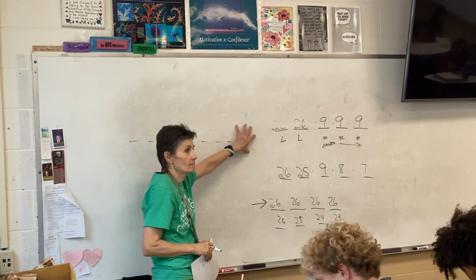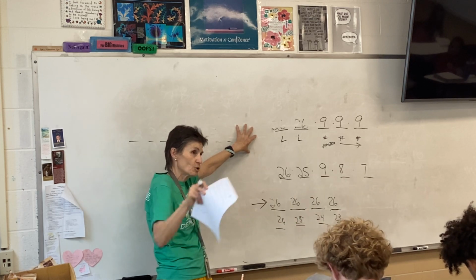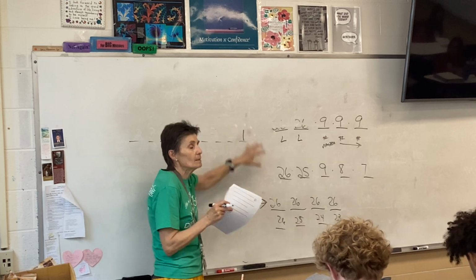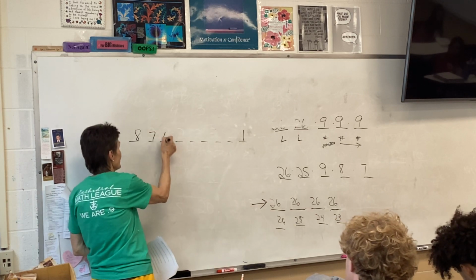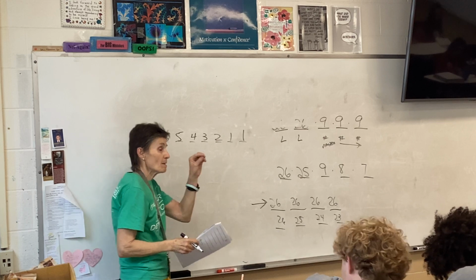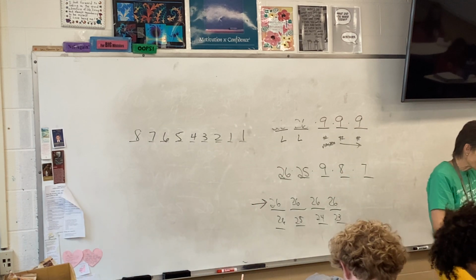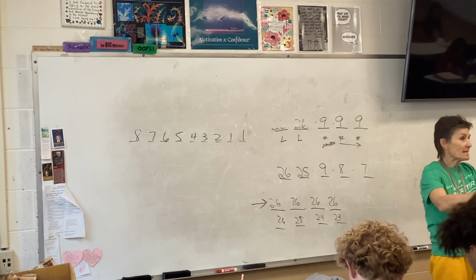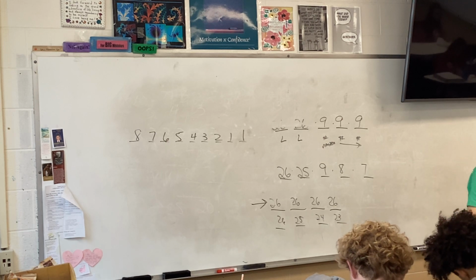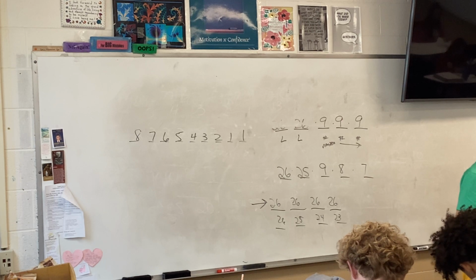There she is. So now how many guys do I have left to arrange? 8. So I have 8, 7, 6, 5, 4, 3, 2, 1. If the pitcher is batting last, then he's out of the mix. And you're left with 8 people yet to arrange. Does that make sense to you?